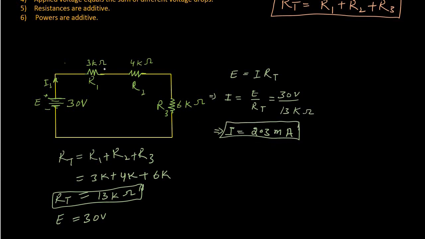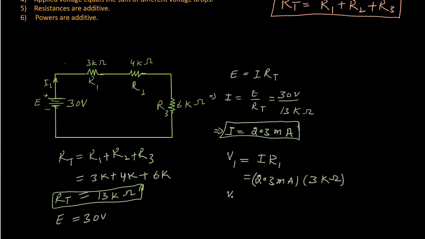Now the voltage drop across each resistor. For the resistor R1, let's say the voltage drop is V1, which is equal to I, the same current flowing in the series network, into R1. I in this case is 2.3 milliamperes, while R1 is 3 kilo ohms.